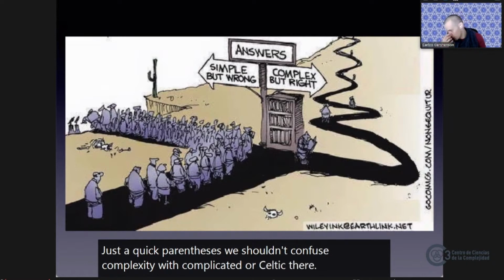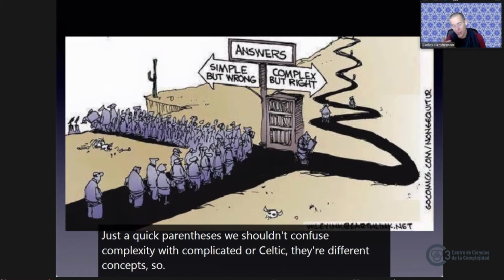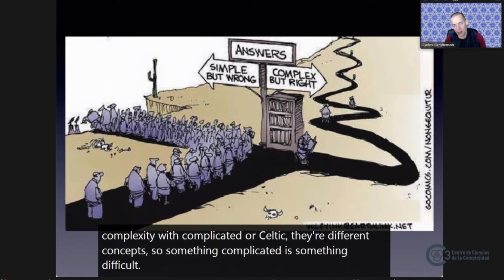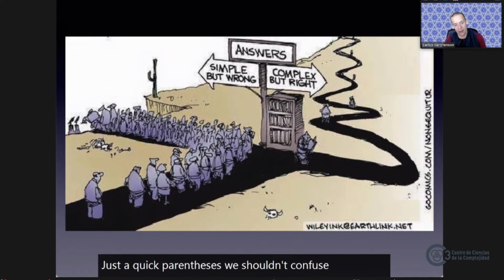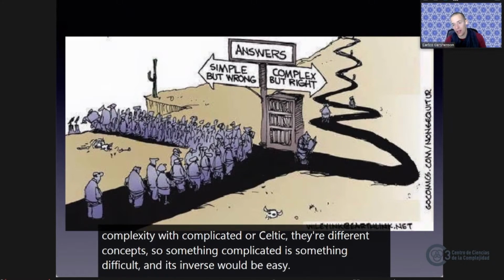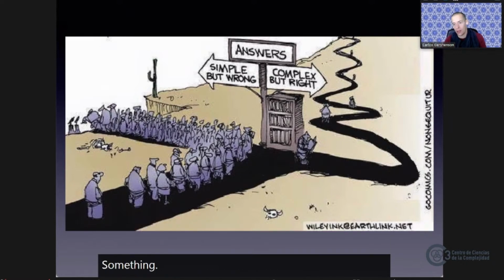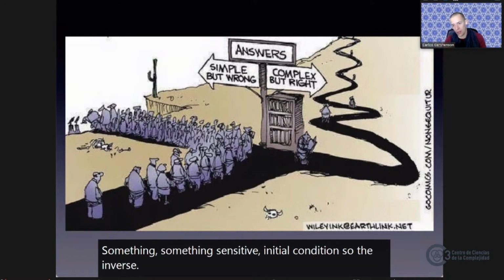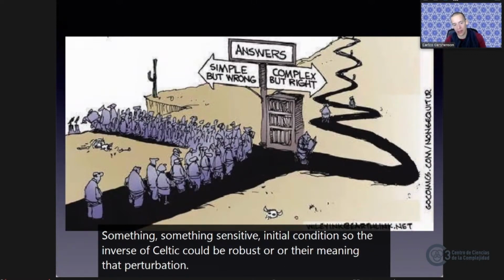Just a quick parenthesis, we shouldn't confuse complexity with complicated or chaotic. They're different concepts. Something complicated is something difficult, and its inverse would be easy. Something chaotic is something sensitive to initial conditions, so the inverse of chaotic could be robust or ordered, meaning that perturbations don't affect it.